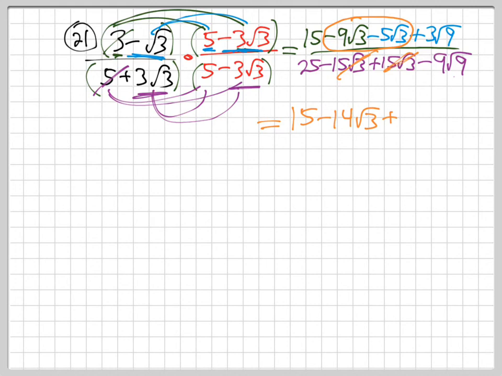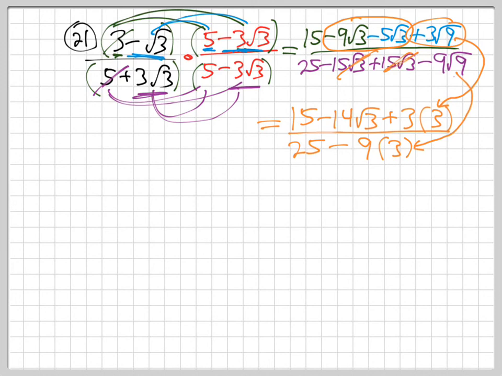Remember, like roots, you just add the numbers in the front. 9 and 5 is 14. And 3 root 9. What's the square root of 9? Plain 3. Over. What happens on the bottom? 25 minus 9. Again, root 9 here is also 3.